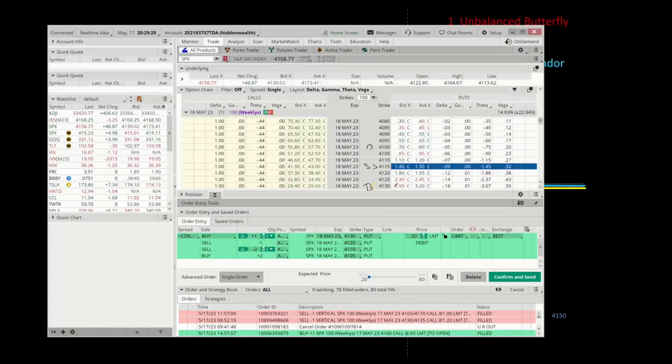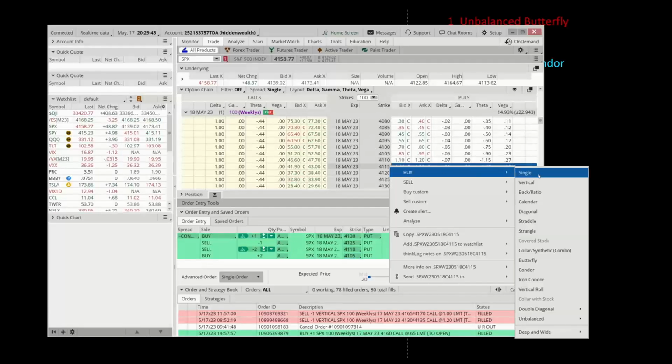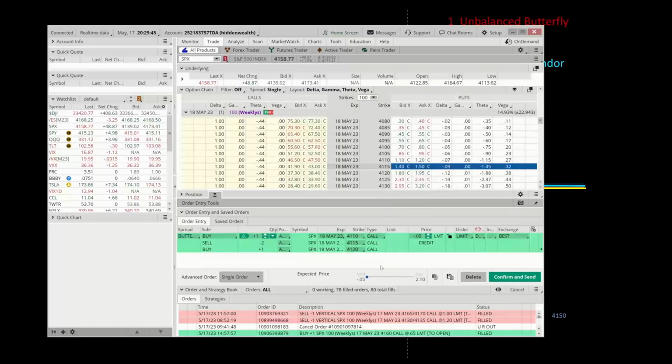That is a traditional butterfly with equal strike separation, correct? And what is that going to cost me? Let's pull it up. So we're going to do 30, 15, 0. It's going to cost me $1.